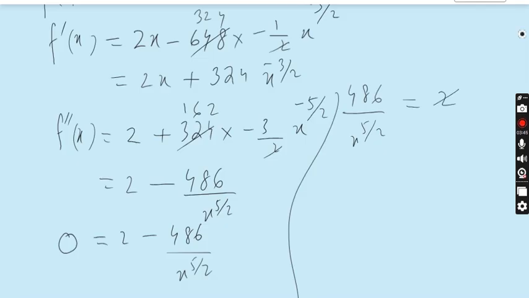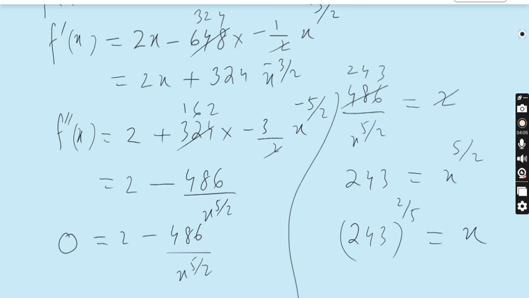This is 2, 2 2s are 4, 2 4s are 8, 2 3s are 6. 243 equals x power 5 upon 2. Or you may write it as 243 power 2 upon 5 equals x.